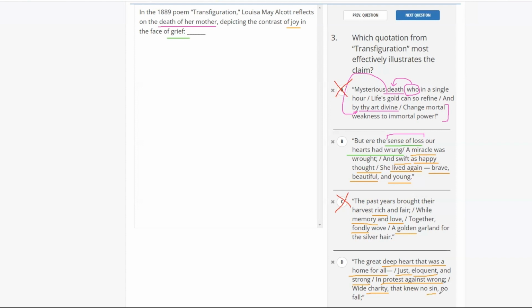Sin is a mistake, but the phrase is knew no sin, which means didn't make mistakes. That's also a positive thing. So choice D only reflects happy thoughts. We don't see evidence of grief. We don't see a discussion of the mother's passing. For those reasons, we can eliminate choice D.